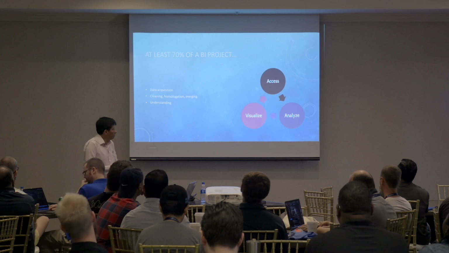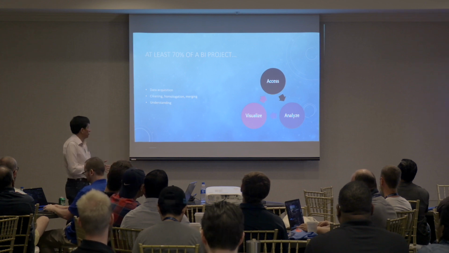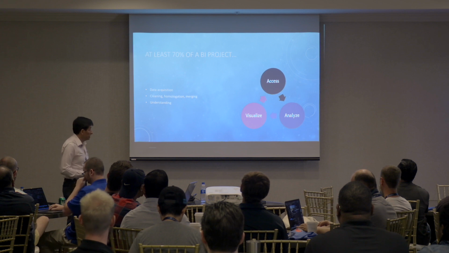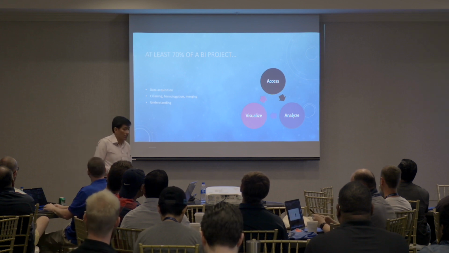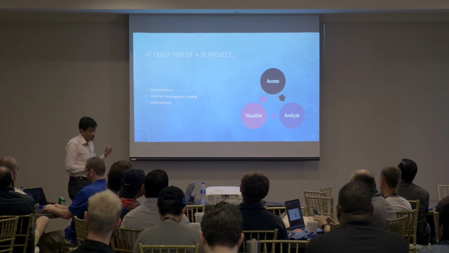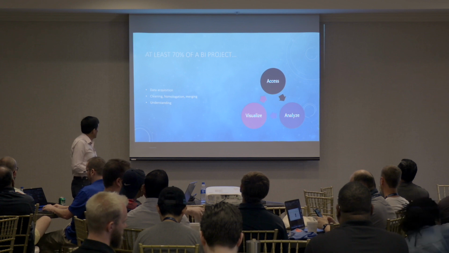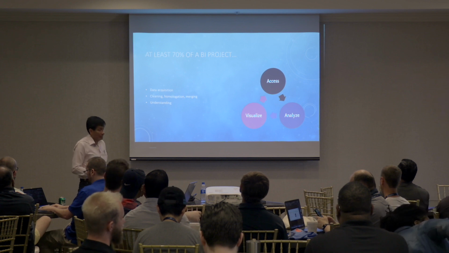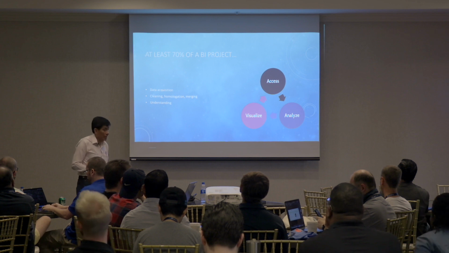Numbers vary, but people say that 70%, 80% or so of a business intelligence project is data acquisition, getting data from different sources: Excel files, CSV files, relational tables, web pages, etc. Then you have to clean that data, so it comes in a way that you can extract it and analyze it.